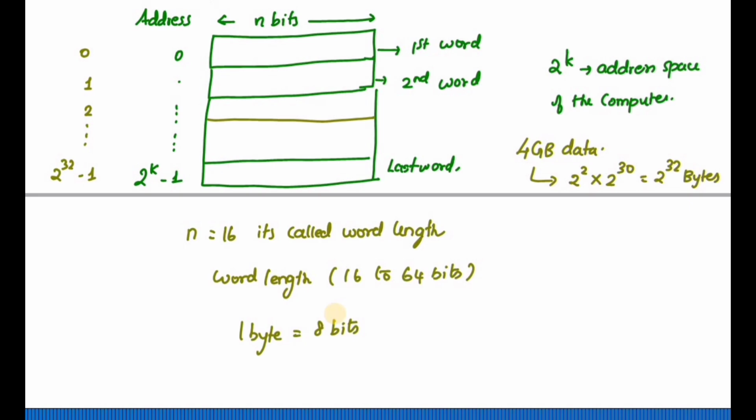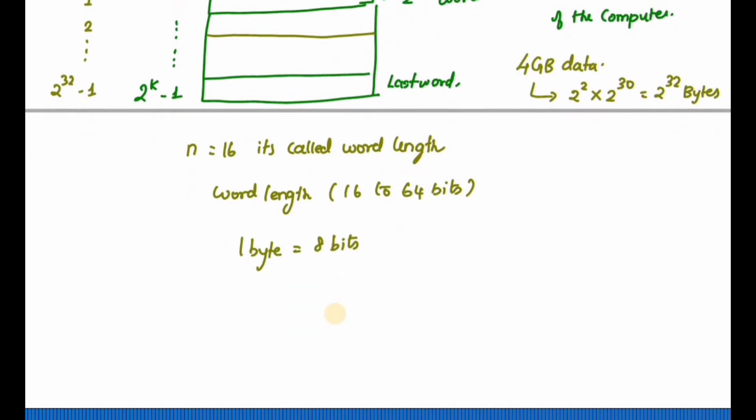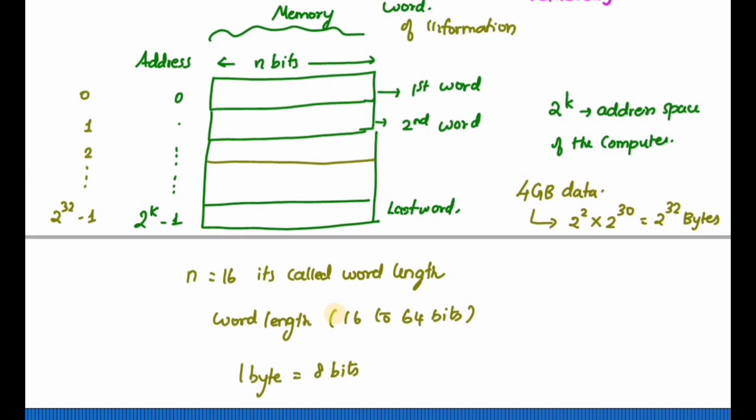Let me take this as 32 bits. 32 bits is nothing but 4 bytes, right? So this is 0, this is 1, this is 2, and this is 3.